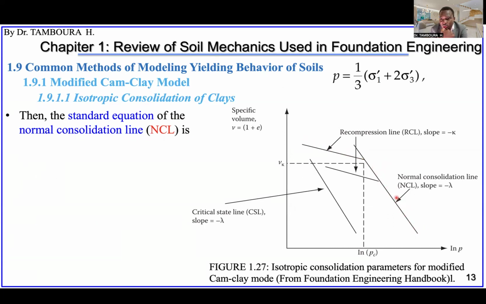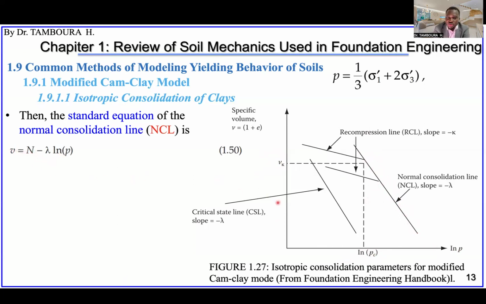Exactly like in the 1 dimension. Okay. So for this line, don't forget that we are in 3D, because we have the mean, the average of the stress here, P, and this is the volume. So for this line, the equation is given as this.